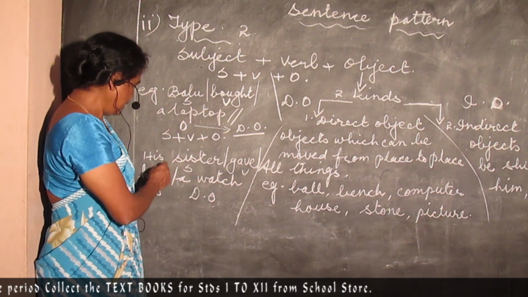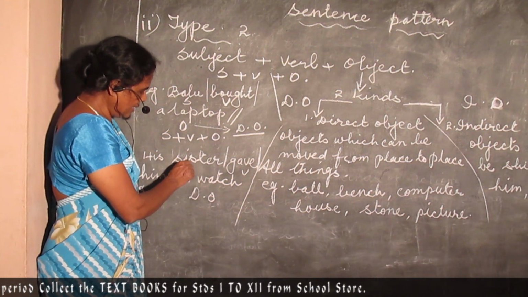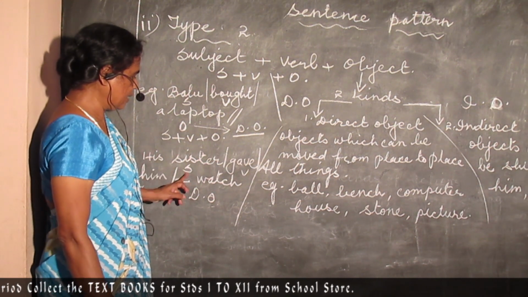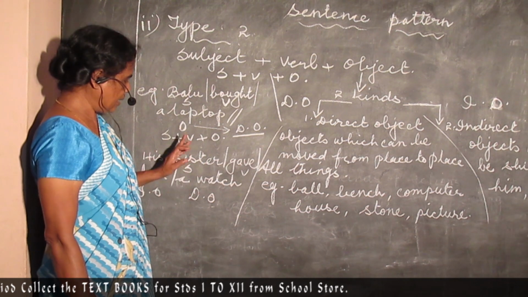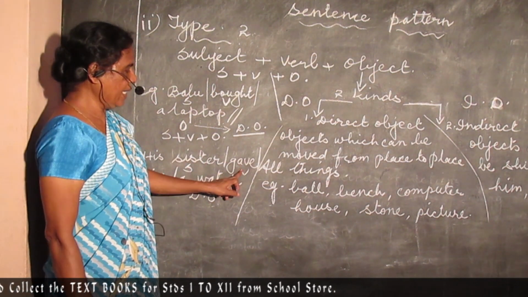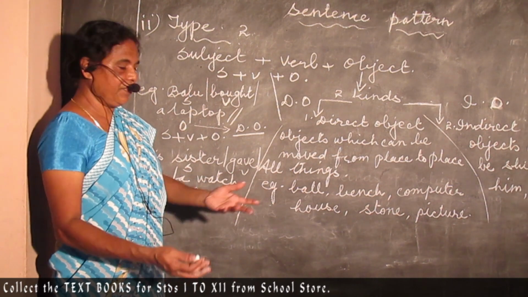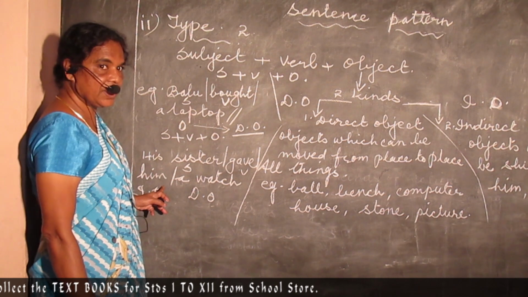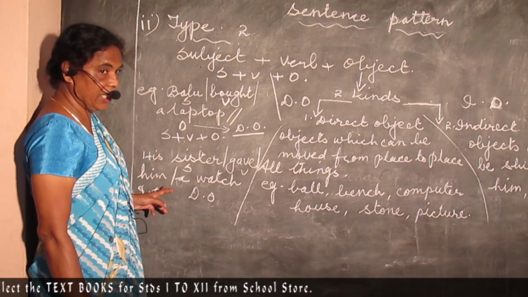Now you see here, his sister is the subject. His sister, two words together, considered as sister only. So his sister is the subject and gave, giving, is the verb. And whom did she give? She gave a watch. What did she give? A watch.